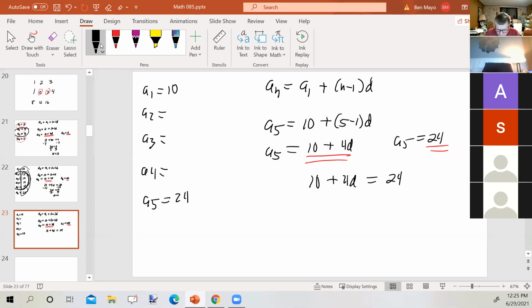You following that? I hope that means yes. So then we'll subtract 10. So 4d equals, let's see, oh, 4d equals 14. Divide by 4, d equals 7/2.